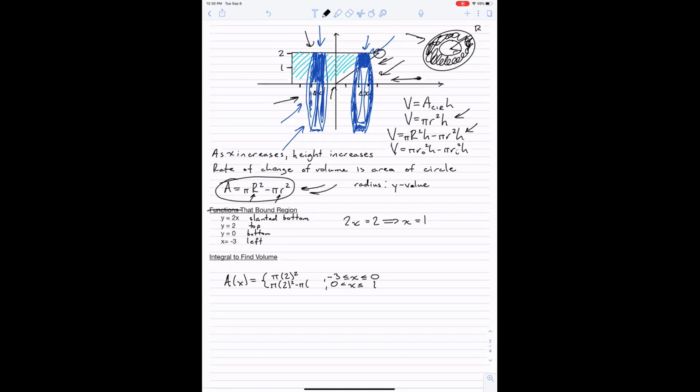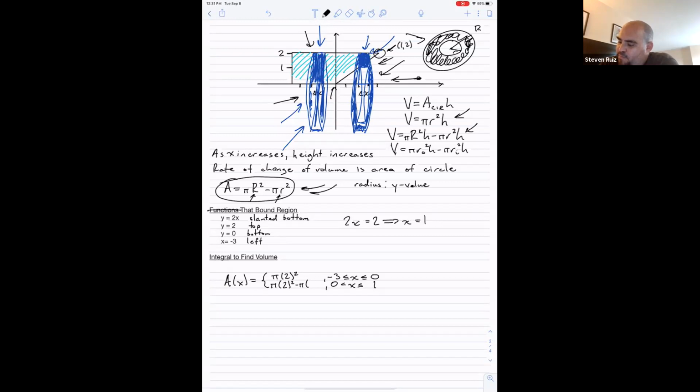We said this right here was the point (1, 2). Let me delete some of these things so I can see what I'm doing. Let's say this point right here is (1/2, 1). How would I generalize the inner radius there?